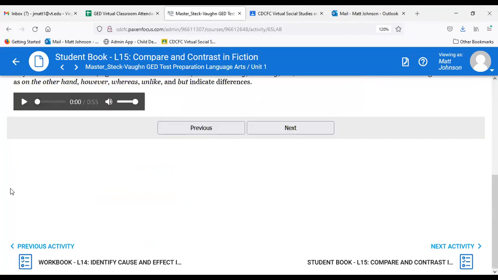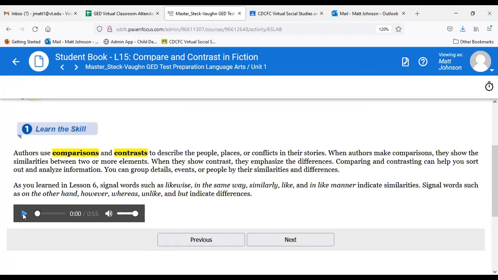Okay. Here we go. Authors use comparisons and contrasts to describe the people, places, or conflicts in their stories. When authors make comparisons, they show the similarities between two or more elements. When they show contrasts, they emphasize the differences. Comparing and contrasting can help you sort out and analyze information. You can group details, events, or people by their similarities and differences.